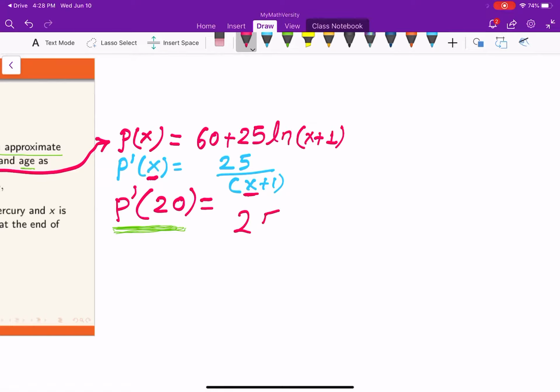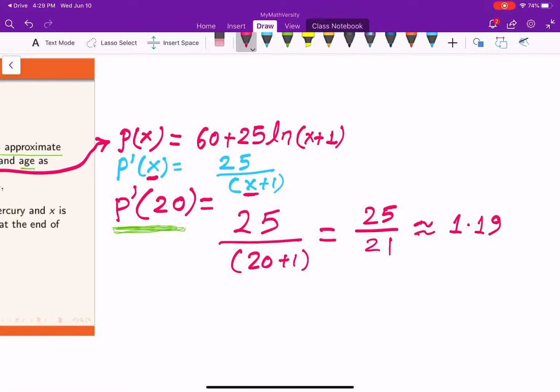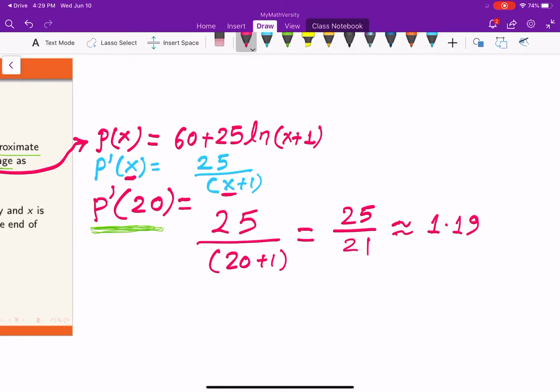So 25 over 20 plus 1, which is actually 25 over 21, and that is the rate of change of the pressure at the end of 20 years, which is approximately 1.19, and this will be in millimeters per year, right? So that's the unit we have been given, millimeters per year.